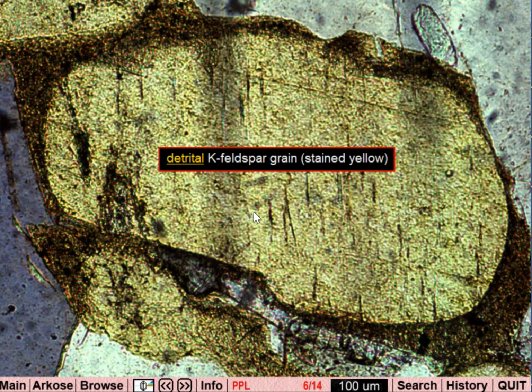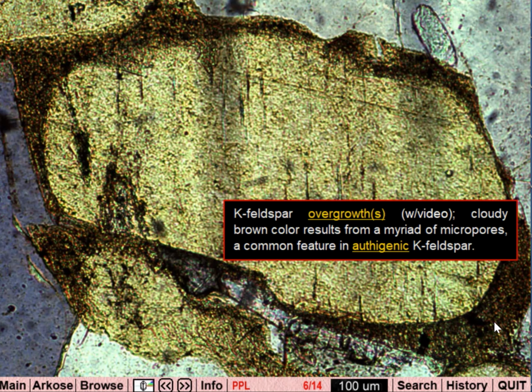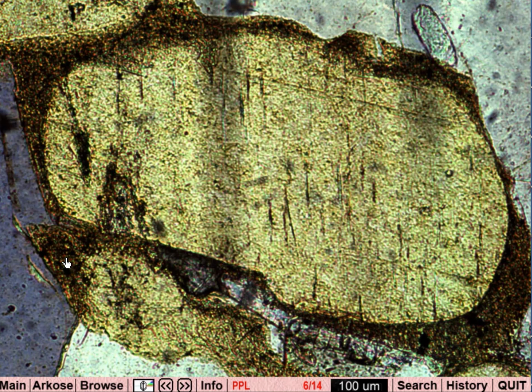Okay, take a look at the beautiful cleavage in this particular grain. It is a K-feldspar. We know that from the stain. And it has an overgrowth that in this case has a lot of pores in it. The overgrowth just has a lot of imperfections. And this is our authigenic or secondary potassium feldspar overgrowth.